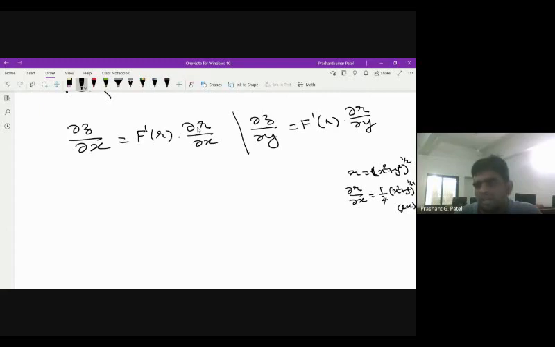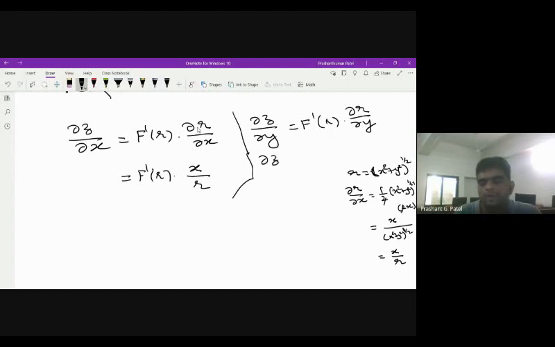This 2 will get cancelled out, and hence we'll have x upon x square plus y square raised to 1 by 2. Because it is 1 by 2 minus 1, it gives minus 1, I will take that in the denominator, so that gives you x by r, because x square plus y square raised to 1 by 2 is r. So del r by del x is x by r, and putting the value here, that gives you f dash of r into x by r.